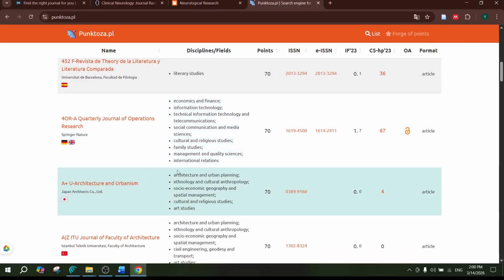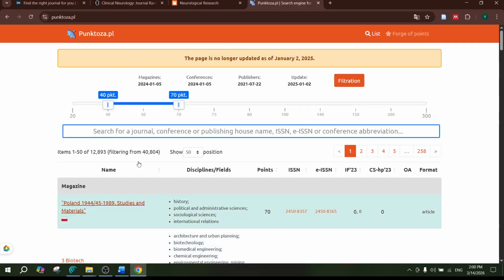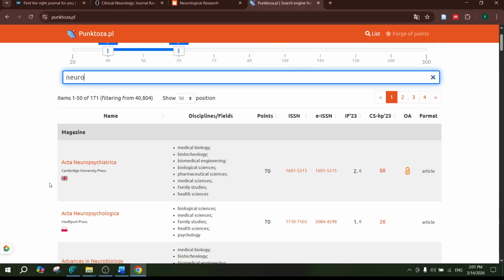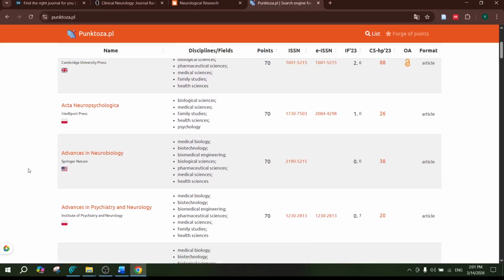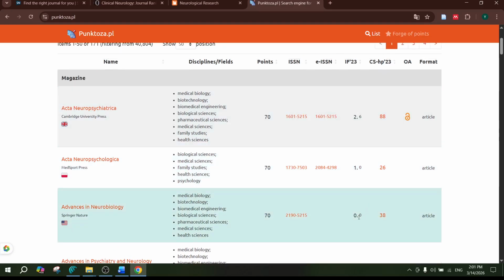And as you can see here, let's choose neuro, for example. So it brings up neuro related journals, Advanced Neurobiology, impact factor zero. It's a journal.